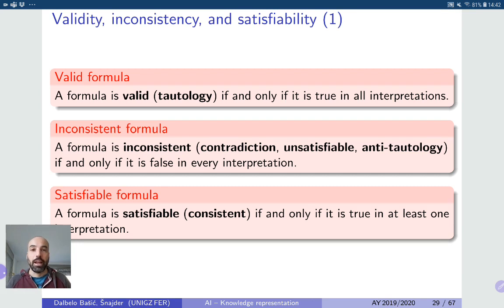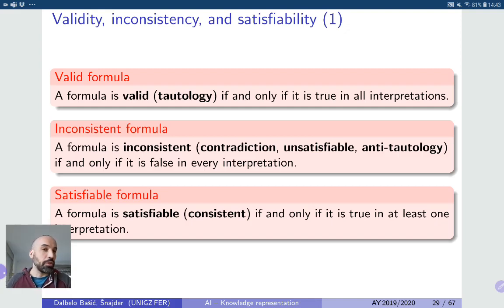And finally, in between these two extremes, formulas are going to be satisfiable, which basically means they are true for some of the interpretations, but not necessarily for all. So a formula is satisfiable or consistent if and only if it is true for at least one interpretation. And if it's true for all interpretations, it's of course still satisfiable, but it's also a valid formula.